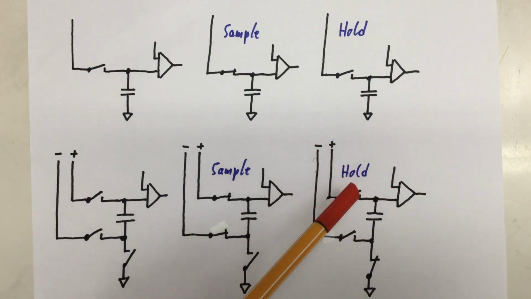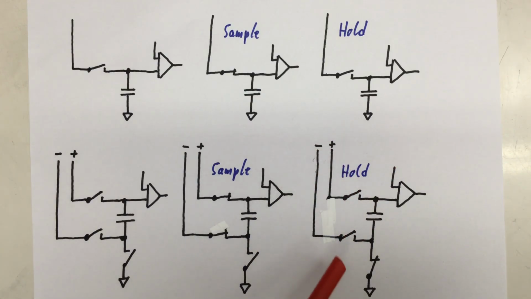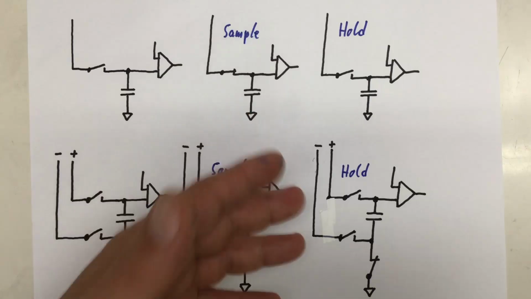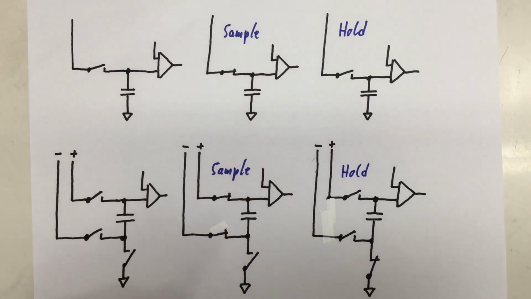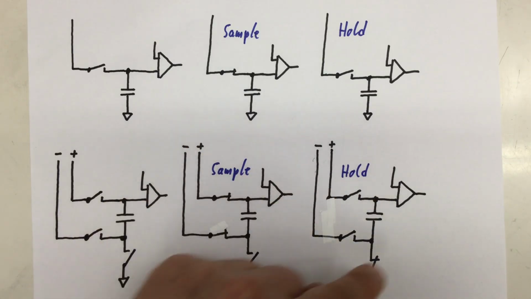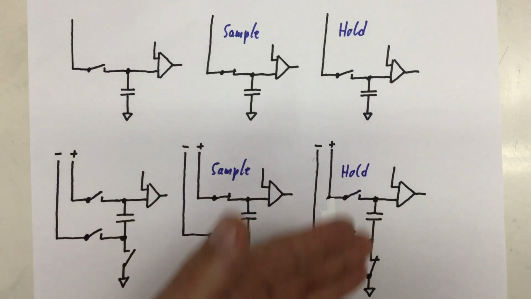If we want to hold, we open the switching elements to the in plus and in minus inputs and reconnect the capacitor to ground, meaning the differential voltage we have in our capacitor is now referenced to ground and can be digitized. In some sense, this is not pseudo-differential. This is real analog differential, though we are not using a differential amplifier here, but just a capacitor.